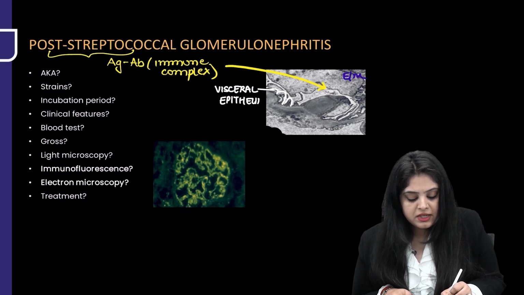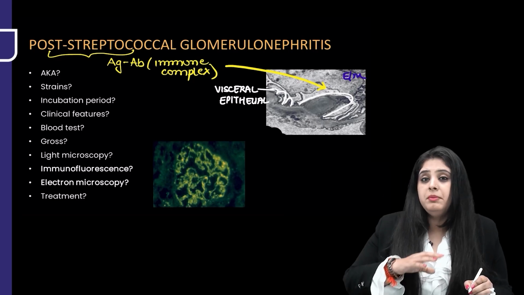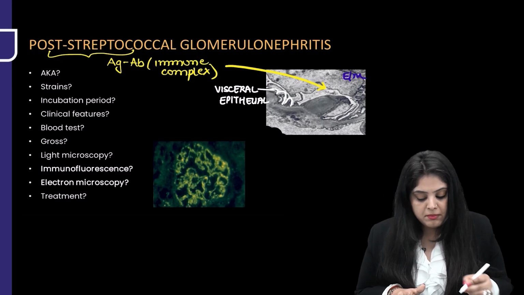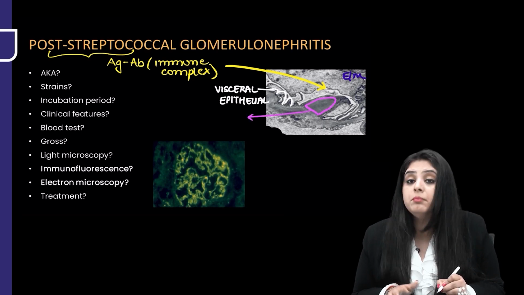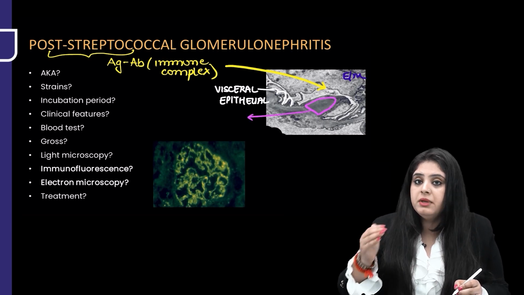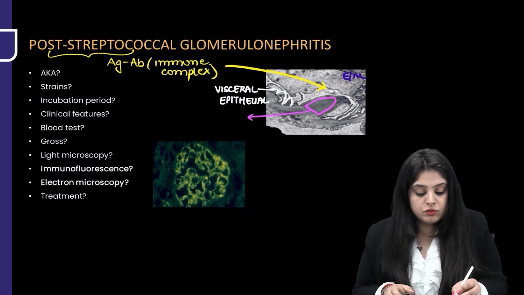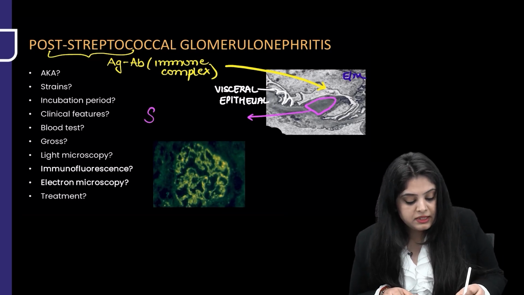Now suddenly, do you see one of those feet has become like a mountain? A big mountain. Why has it become like a big mountain? Because there is a deposit present over here below the epithelium, below the podocyte or foot process. So I call it subepithelial humps.